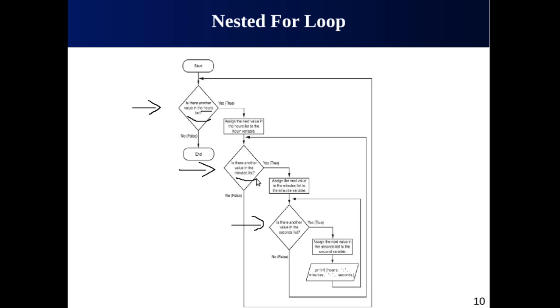But again here we have to check the condition, and the condition here is for the minutes. Once the condition here is true, then you go to the innermost loop, and the condition is for checking the seconds. If this condition is also true, then you have to execute what is inside the body of this innermost loop, which is to print the current second value and current minute value.